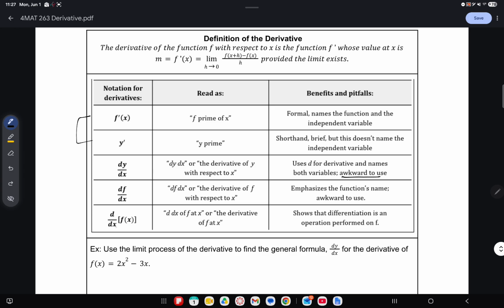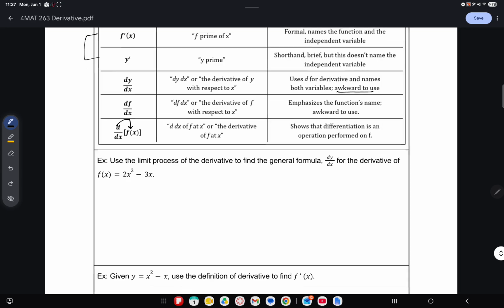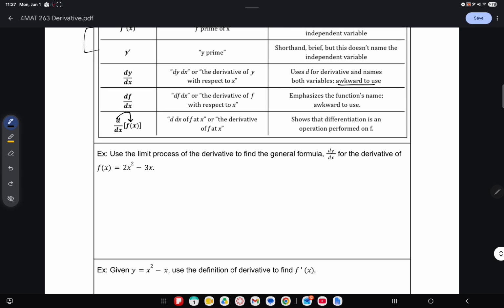And then we also have this notation here where we just have d dx, and then we have a function. To me this is like the operation. So it's like we're going to take the derivative of this function. Okay, a couple of these examples might use the different forms, but again, they all mean the same thing.